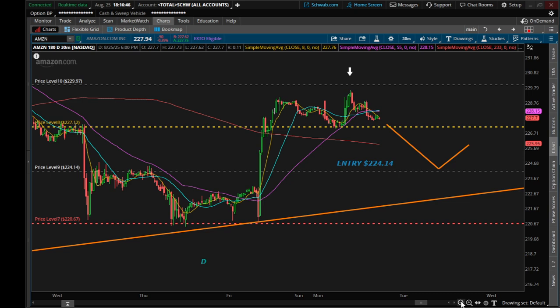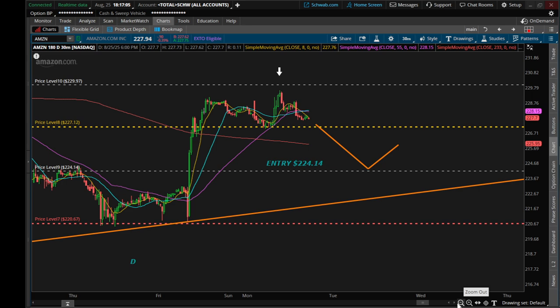So I'll do T1 for target 1, and that's going to be right at this 227.12 level.